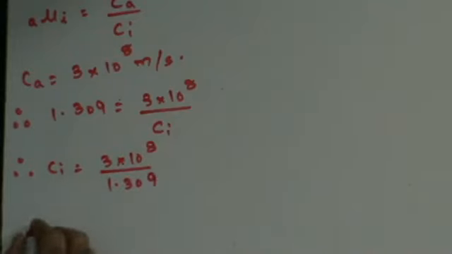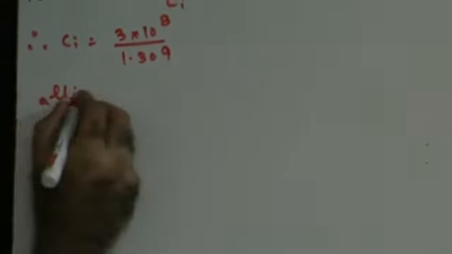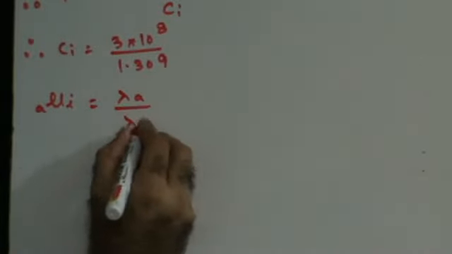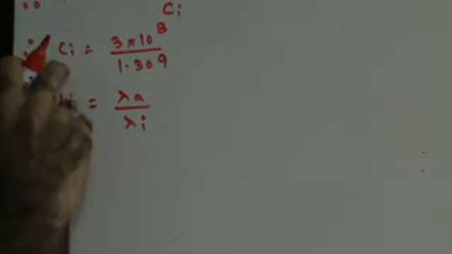I can also say that refractive index of ice with respect to air is wavelength in air upon wavelength in ice. The wavelength in air is given to you.